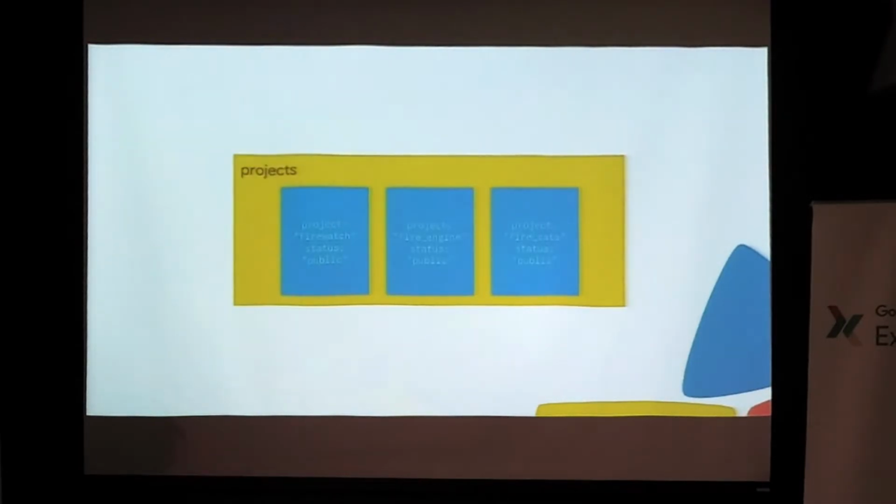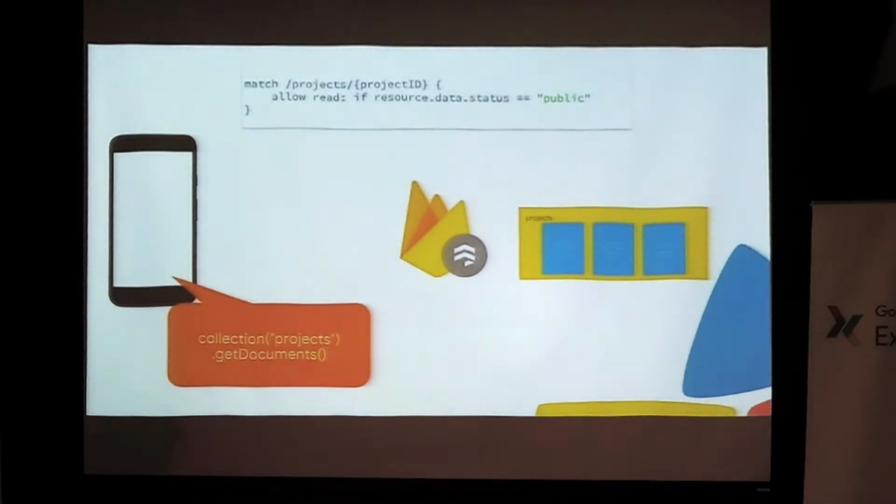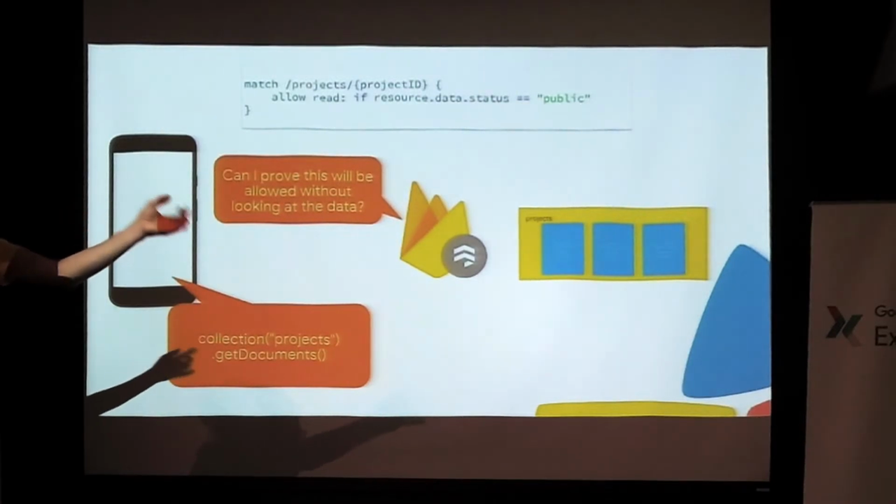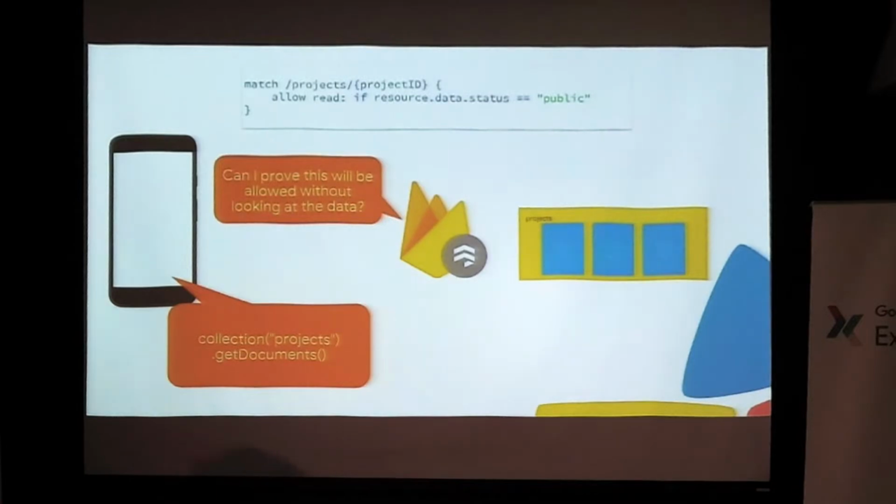The reason why this is rejected is because when you look up the data, there is no way to guarantee upfront that all the projects are actually public. If there is one private project and we fetch it, we would actually violate this rule. And in order for this to not happen, we'll just discard the entire request because there's no way we can guarantee all the project statuses are public if we just query for everything from our entire database.